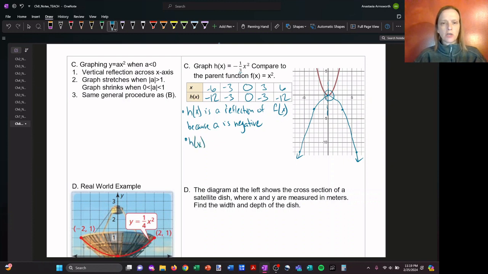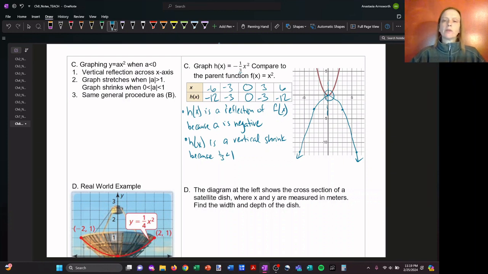So H is a vertical shrink, and that is because 1/3 is less than 1. And that's what makes H wider than F.